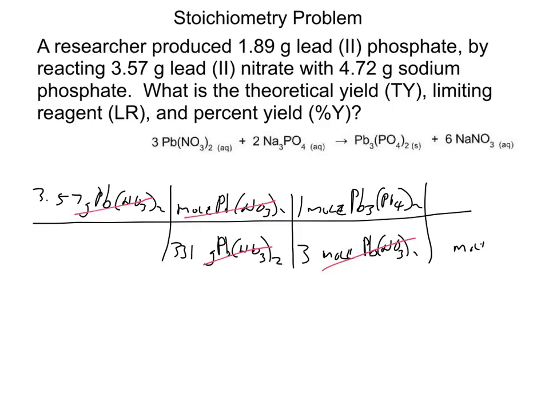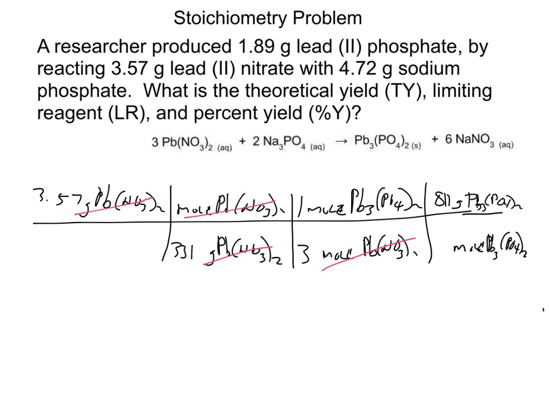And since we're dealing with theoretical yield, we're going to want this to end up in grams because we're looking at yields. So we're going to use molar mass again. The molar mass of lead phosphate is 811 grams.